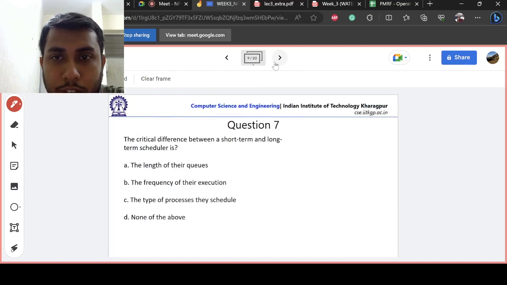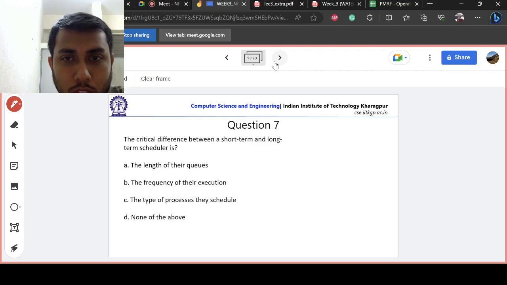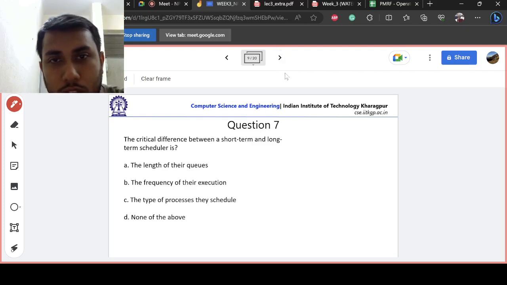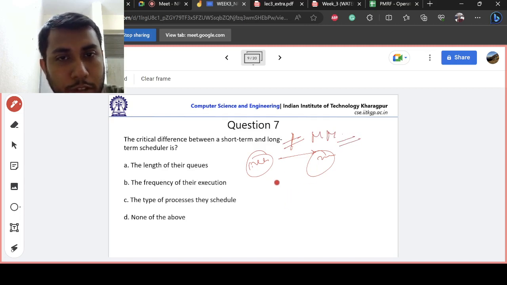Next, the critical difference between a short-term and long-term scheduler is frequency. Long-term is basically adding from the new pool to the ready pool, which means adding to the main memory. This is a very lengthy process and it takes time, so the frequency will be less.